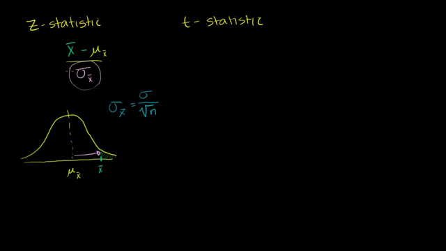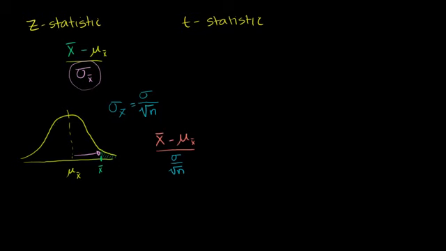So this thing right over here can be rewritten as our sample mean minus the mean of our sampling distribution of the sample mean, divided by our population standard deviation divided by the square root of our sample size. And this is essentially our best sense of how many standard deviations away from the actual mean we are.